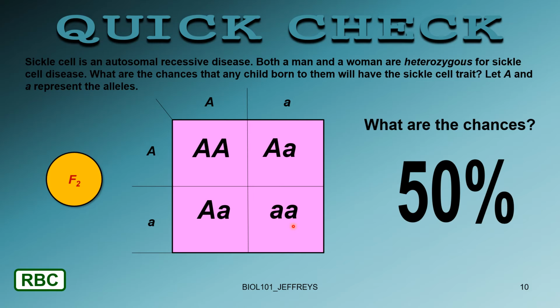But the question is, what are the chances that any child will have the sickle cell trait? So you don't look at it as if this couple has 5 children. You have to look at the chance per child. So with each individual pregnancy, what are the chances that that child will be a carrier? And that's 50%.